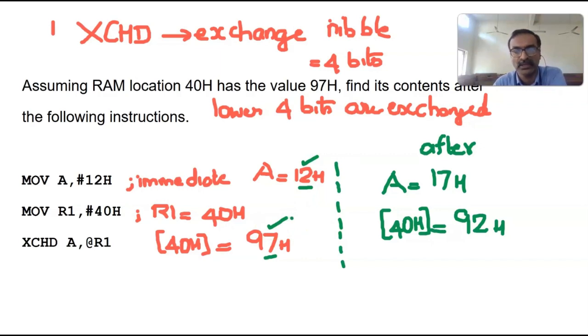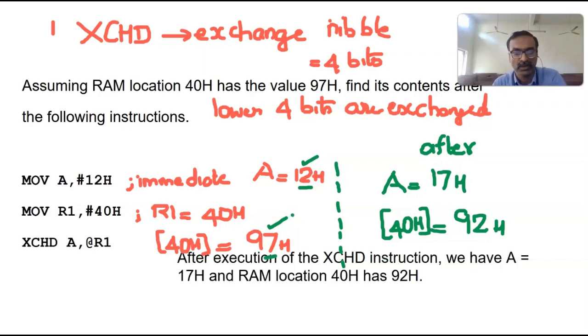So this is a special type of instruction. So you have to note and study the importance of XCHD. It is used to exchange the lower 4 bit nibble. So I hope it is clear to you. After execution of XCHD instruction, we have A equal to 17H and RAM location 40H has the value 92H.